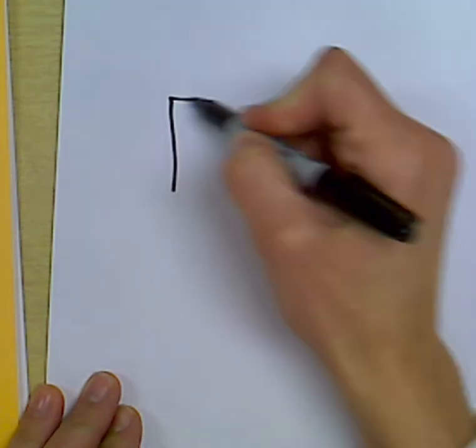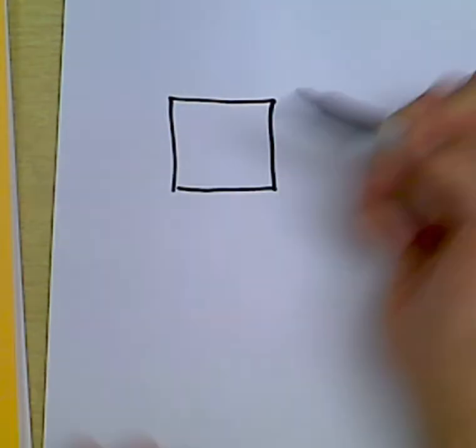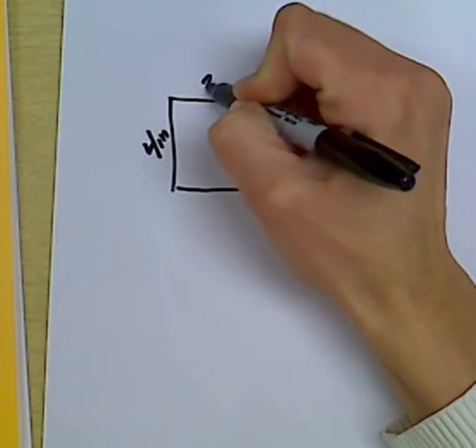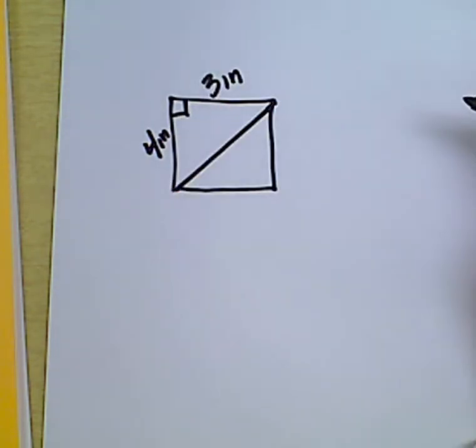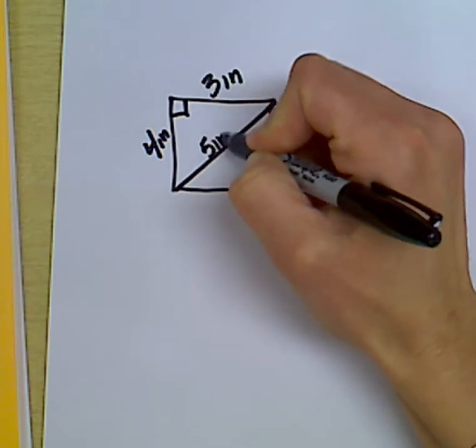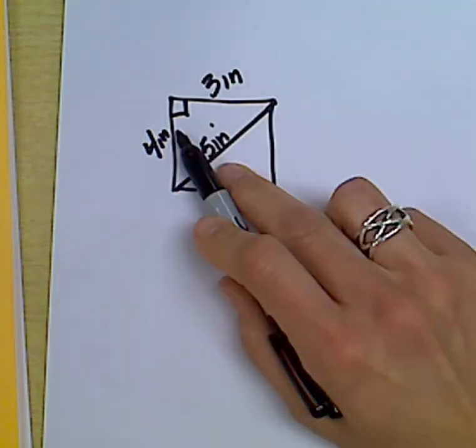So, for instance, if we were talking 4:3, 4 inches, 3 inches, your diagonal, because it's a rectangle, would be 5 inches, hence our Pythagorean triple.